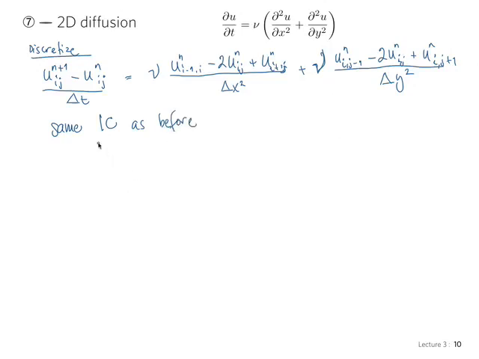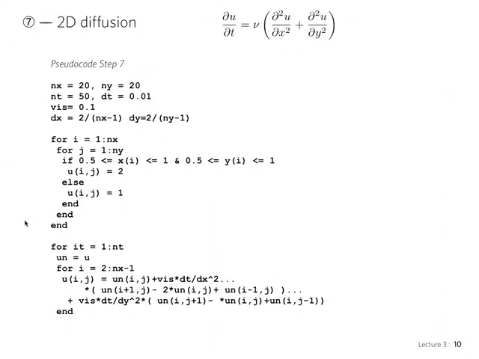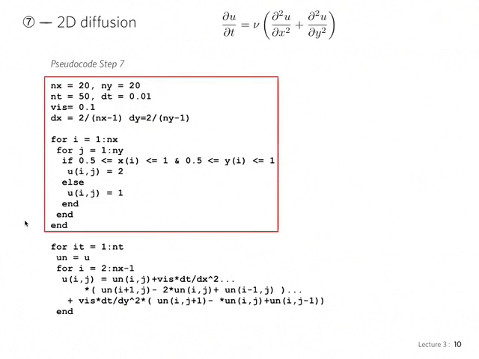And the same boundary condition as before. And our pseudocode looks like this. The setup, again, you see how for each step you're going to at least reuse half of the previous one in here.